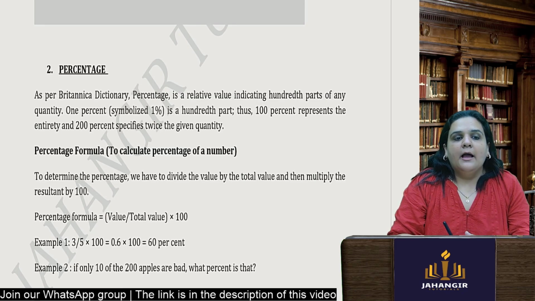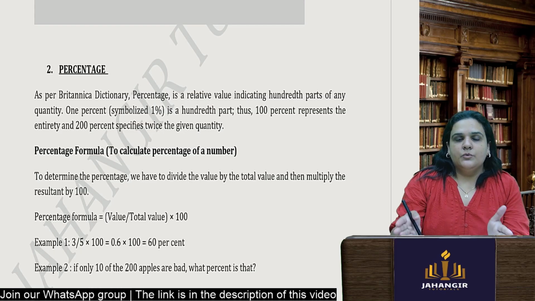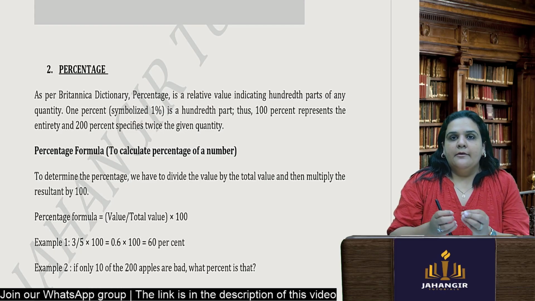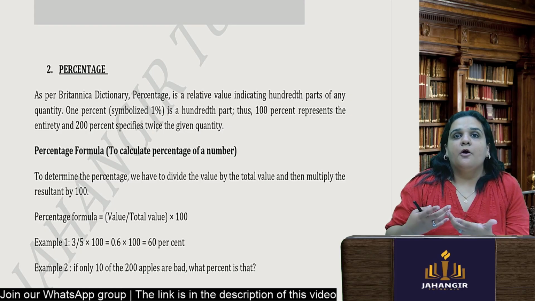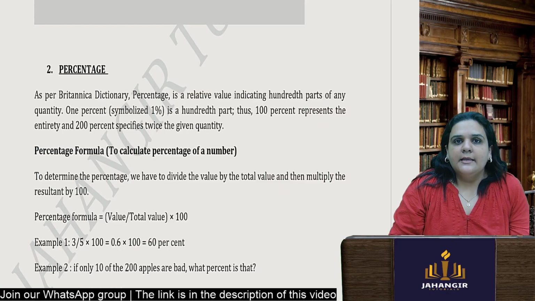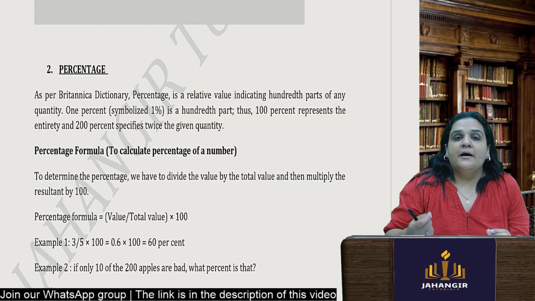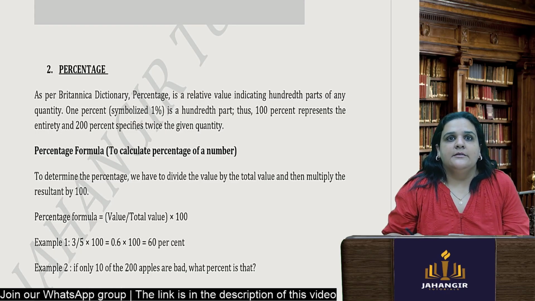If I want to know that there are 100 students in a class and only 20 have passed, what is it in the form of a percentage? Or there are 200 students in a class and only 20% have passed, so what is basically the passing percentage or failure percentage?